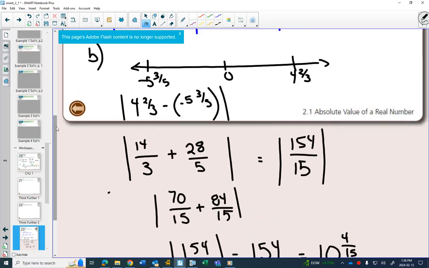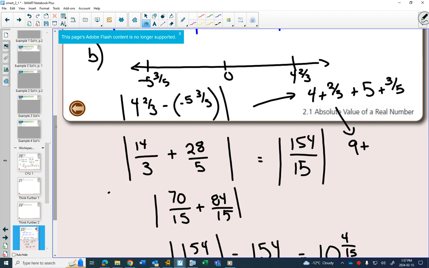I don't mind, for mental math purposes, 4 and 2/3 plus 5 and 3/5. If you don't like big numbers, this is actually quite nice. What's 4 plus 5?